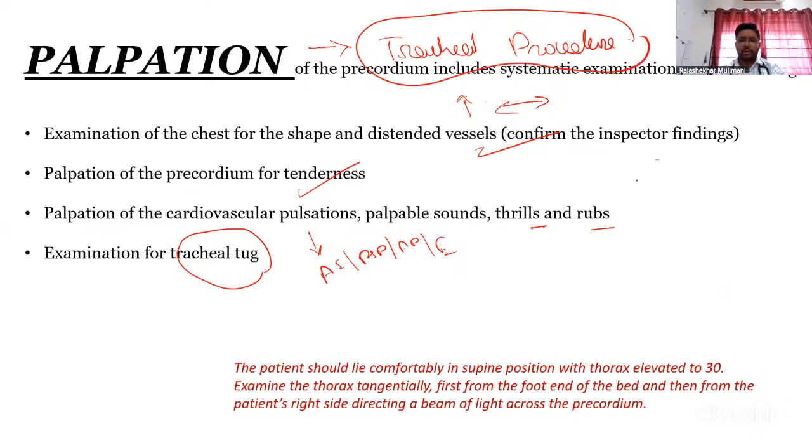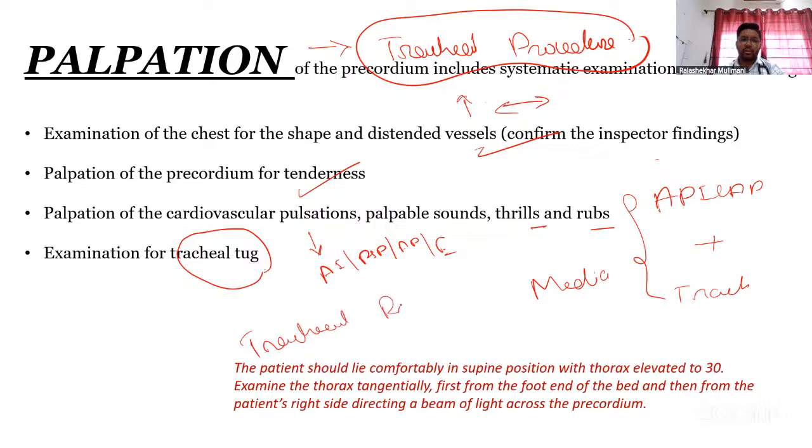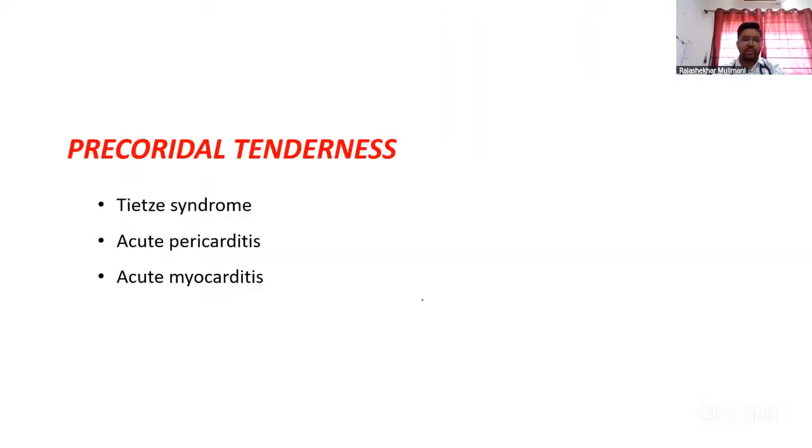Because if there is a shift in the apical beat, plus if there is also a shift in the trachea, then it is usually suggestive of a mediastinal shift rather than a cardiac pathology. The tracheal position should be normal before writing down the apical impulse pathology. So there are some diseases in which there is precordial tenderness.